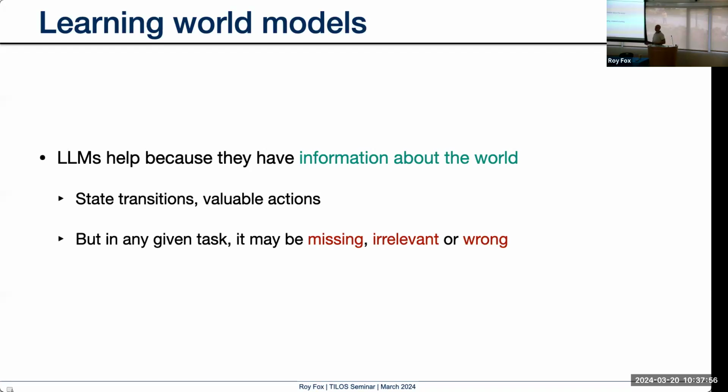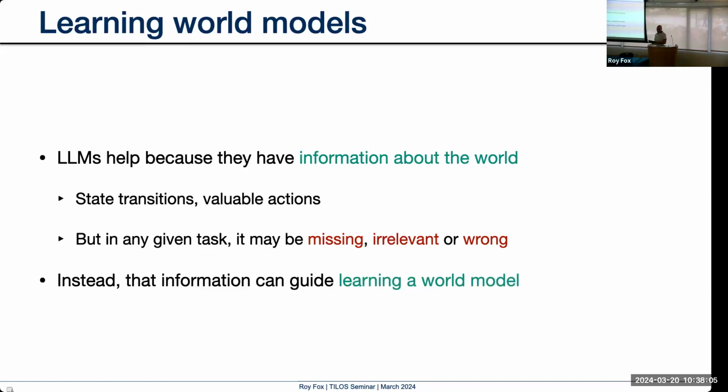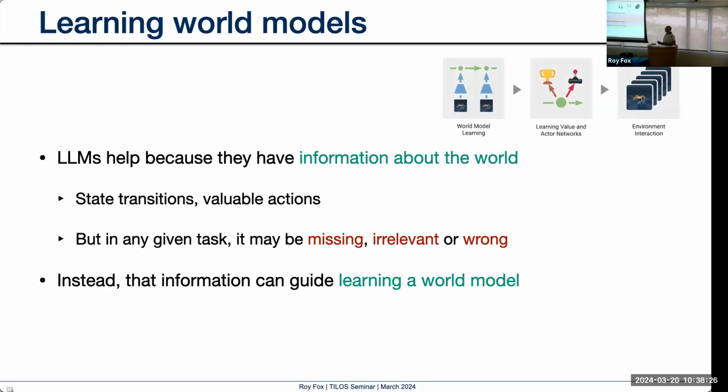There might be misleading information, contradictory information, right? From other contexts where things happen differently, or irrelevant and confusing. So you should not just trust the model, the language model likely. Instead, what we can do is use it to guide our own learning of a world model. So we're going to do on-task learning of a world model guided by a foundation model.